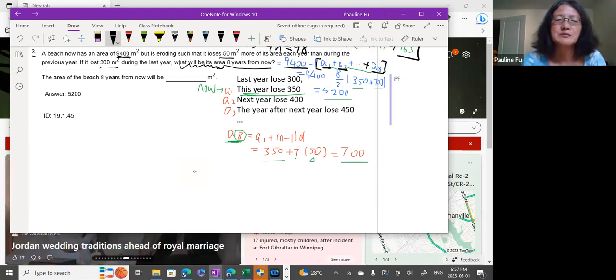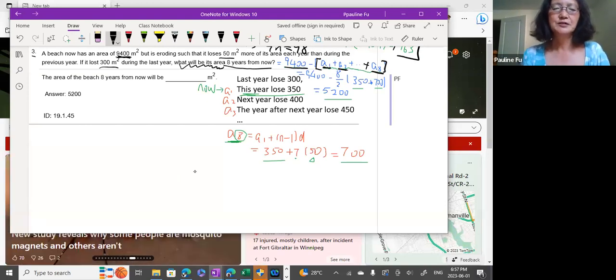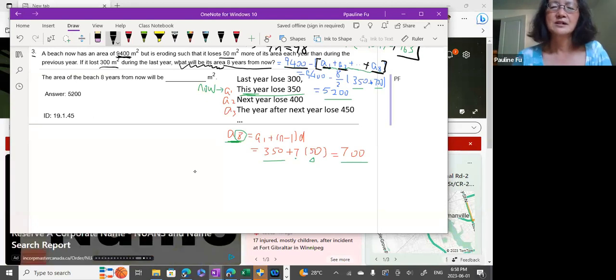I pause for a moment. So the question asks, the area 8 years from now equals 9,400 minus (A1 plus A2 plus until A8). We need to find out A1, A2 until A8.